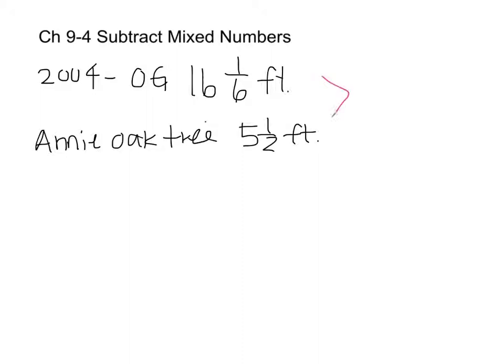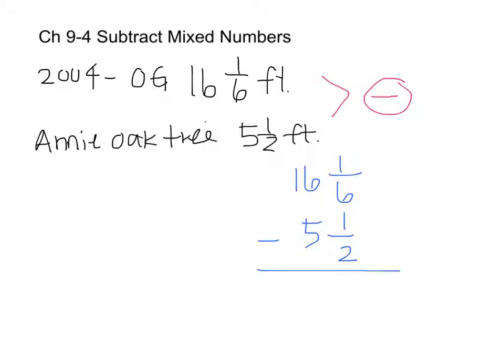So I need to take these two numbers, and I know I need to subtract because of that how much more, right? You're comparing two things. So I'm going to take the 16 and 1/6, and I'm going to subtract from it Annie's 5 and 1/2. Now, like I said, we're going to learn how to subtract with unlike denominators.